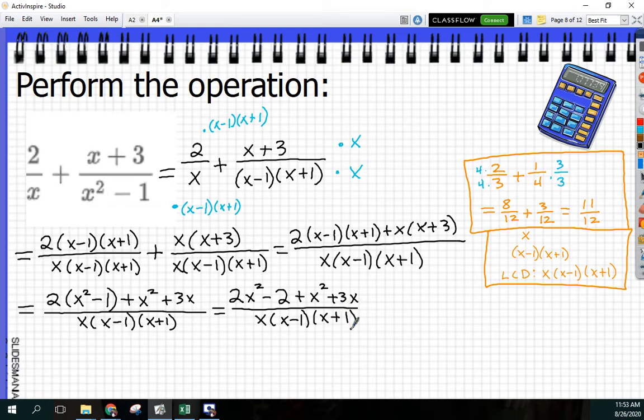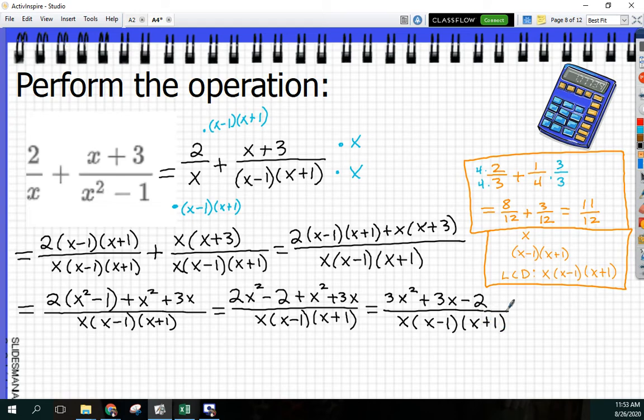And lastly, simplifying, I have 2x squared plus x squared, which is going to give us 3x squared plus 3x minus 2, divided by x times x minus 1 times x plus 1.